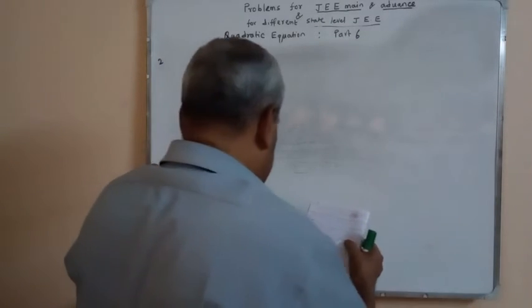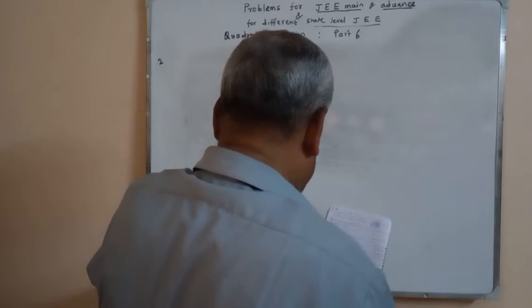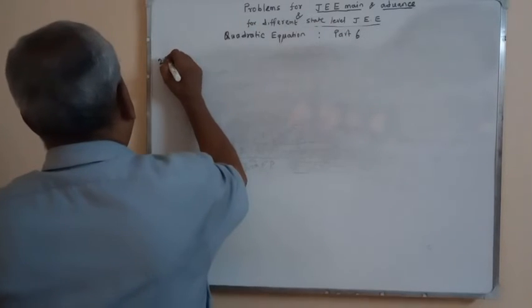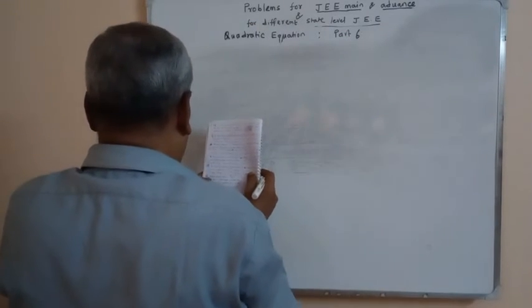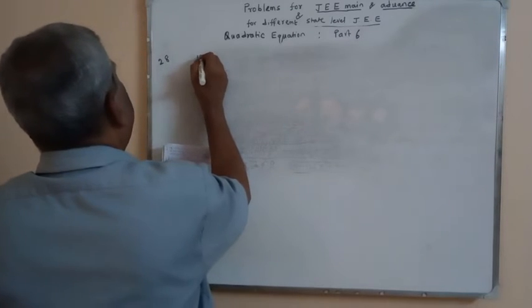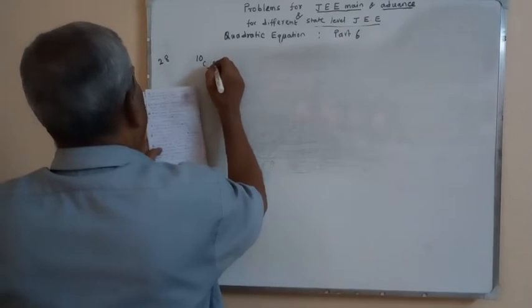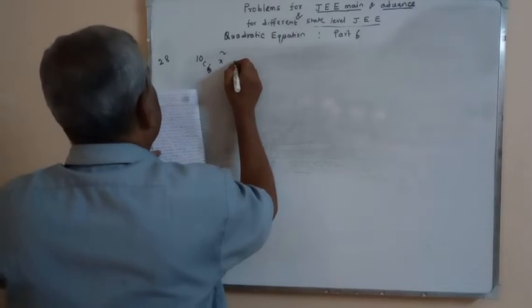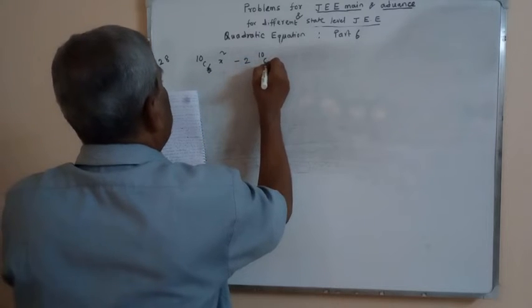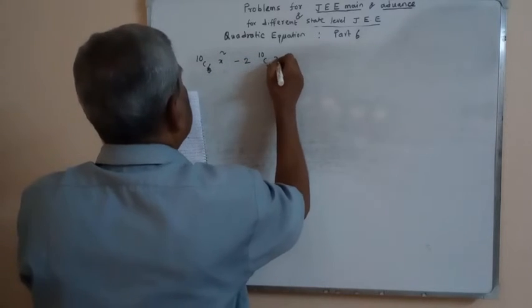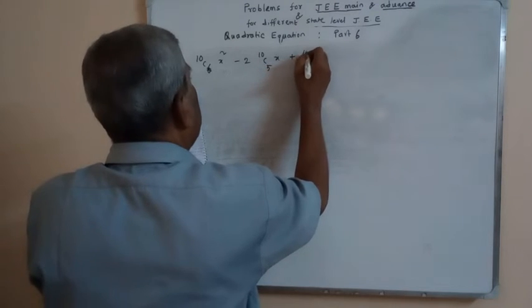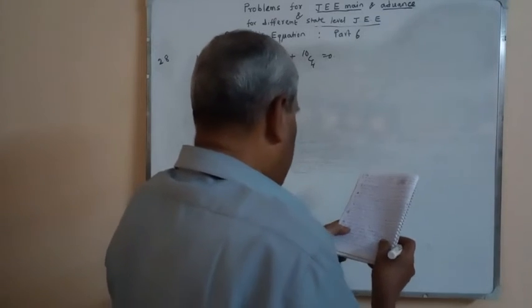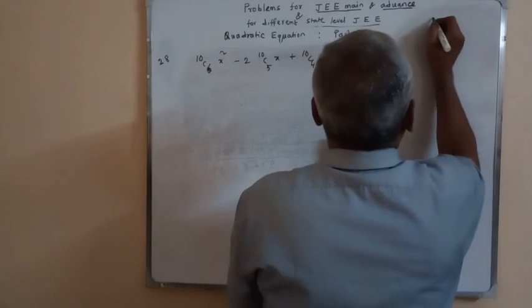Next problem is problem number 28. Roots of the equation 10c6 x square minus 2 into 10c5 x plus 10c4 is equal to 0 are: number 1, real and equal.